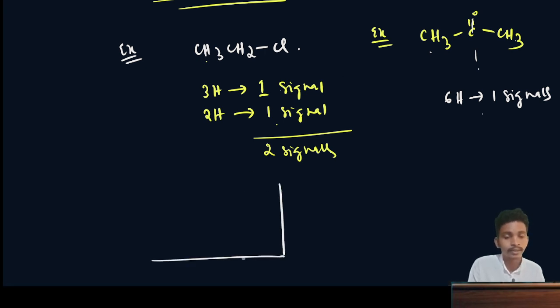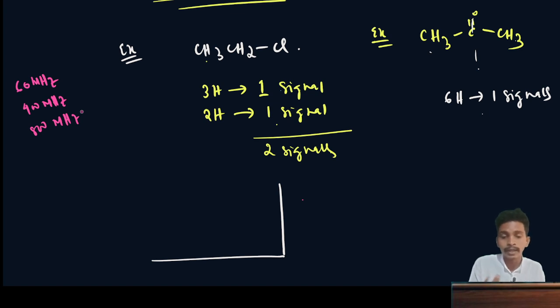Let's say this is the NMR data, and here it depends on what type of instrument you are using. There are 60 megahertz instruments, 400 megahertz instruments, and 800 megahertz instruments. Different types of instruments are present in the lab.